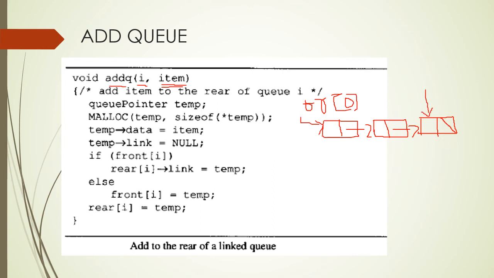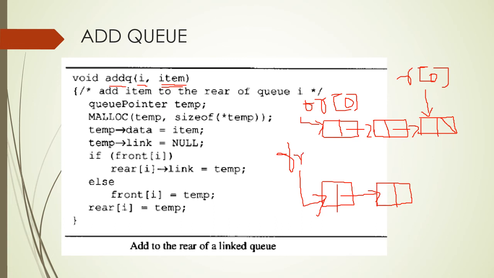This is rear of 0. Rear of 0 is pointing to the last node of queue number 0. Assume this is another queue, queue number 1, with two nodes. Here FR stands for front. Front of 1 points to the front node of queue number 1. This is rear of 1. Assume these are the two queues already present in the memory.